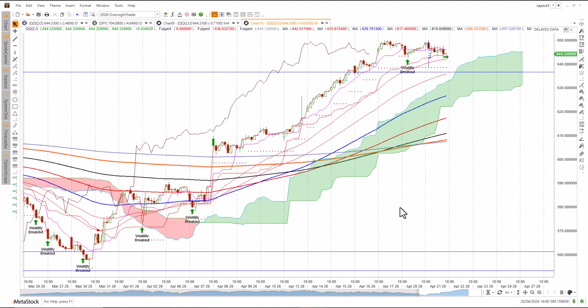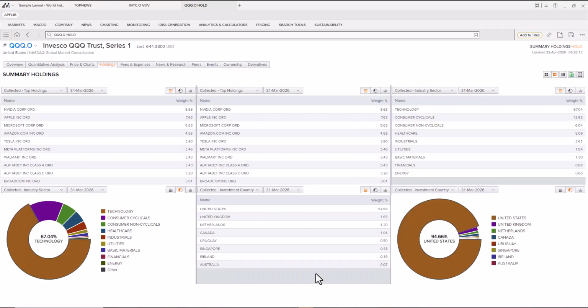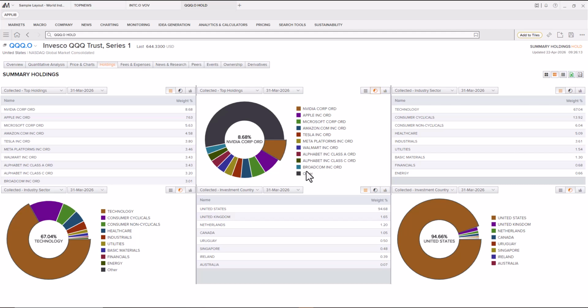So you can see it's quite useful incorporating artificial intelligence together with Ichimoku clouds to trade the Nasdaq Invesco QQQ ETF. Just be aware when you trade the ETF of the weighting, so you have an idea of the news flow of the large cap stocks that make up a big chunk of the index.